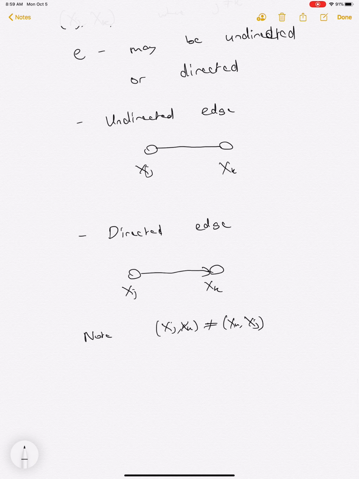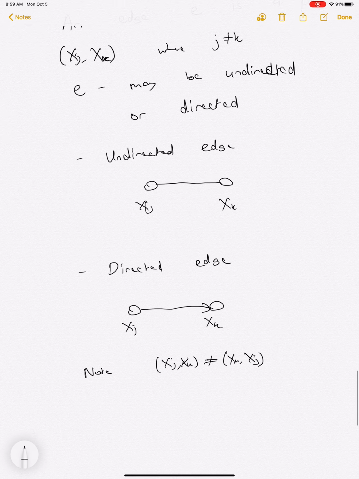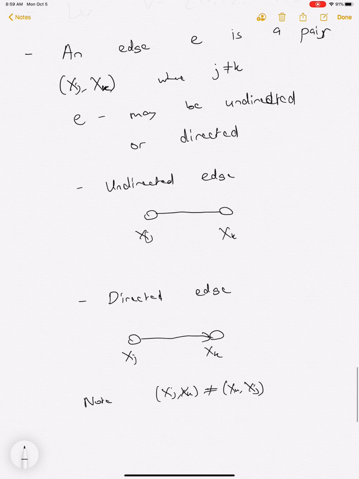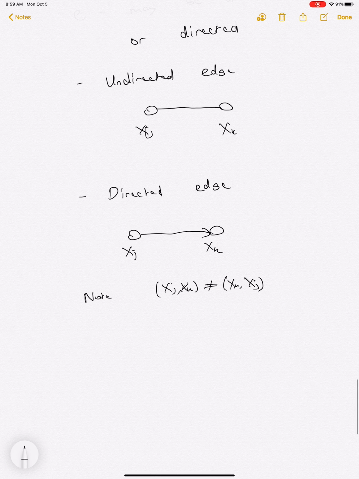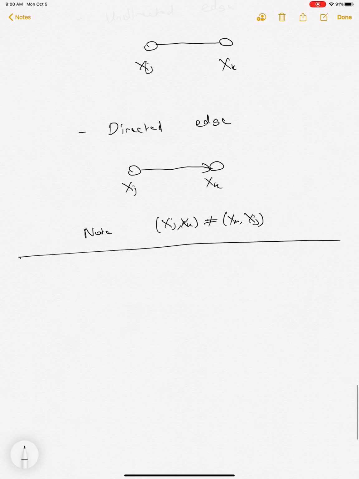If you're in the undirected edge setting, they're considered equivalent. Okay, so that means there's two kinds of graphs that we're going to look at.